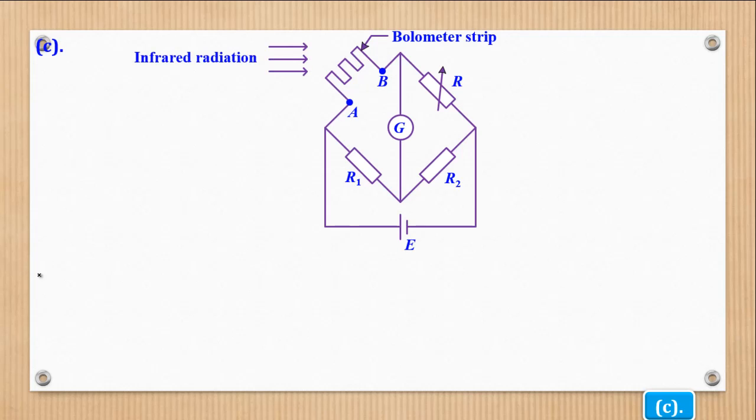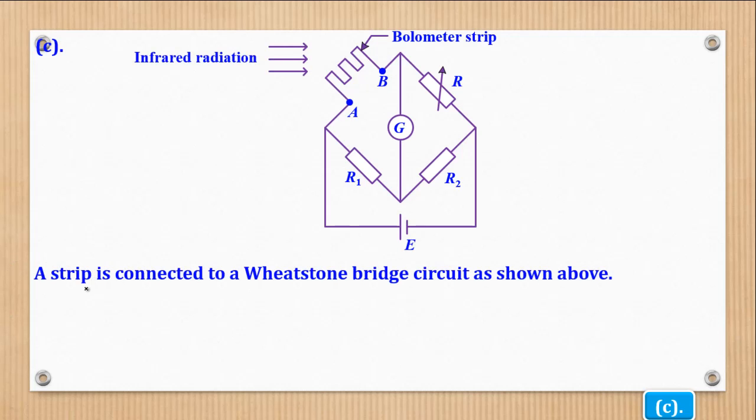That is incident infrared radiation. So a strip is connected to a Wheatstone bridge as shown above. So that's the bolometer connected to a Wheatstone bridge.